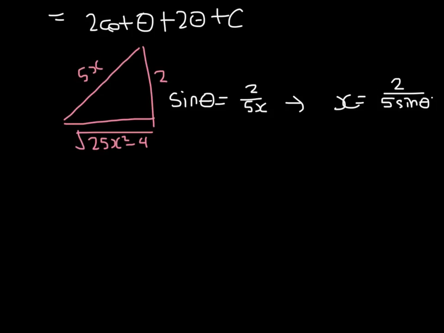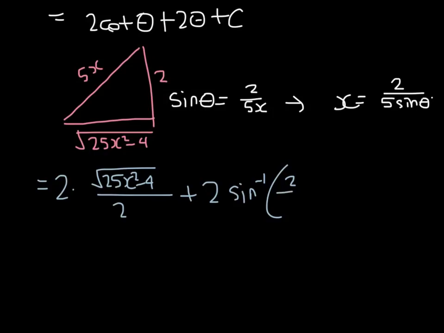Now, using our answer and then the information relating x and theta that we've already found, we can put this answer in terms of x. So 2 cotangent theta, as you can tell from the diagram, is equal to 2 times the square root of 25x squared minus 4 over 2 plus 2 times, and theta is equal to the inverse sine of 2 over 5x.